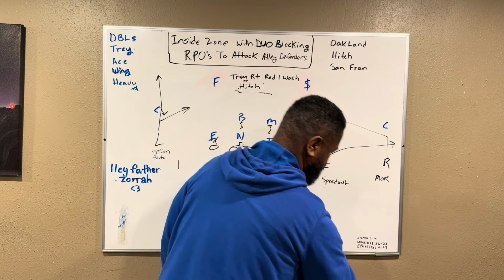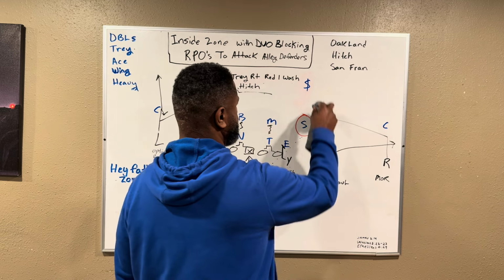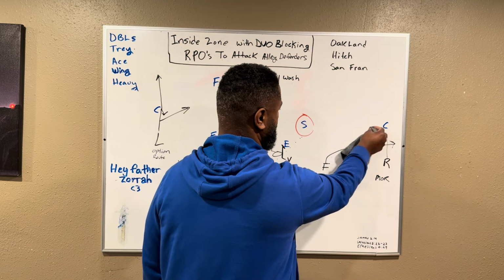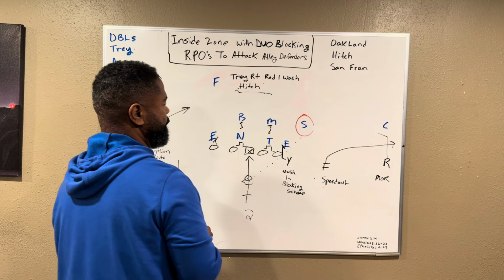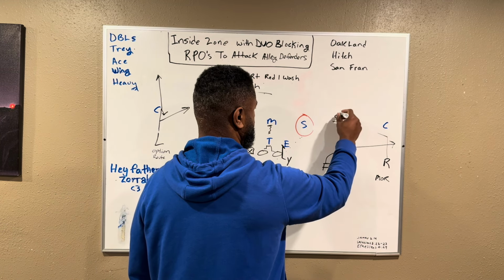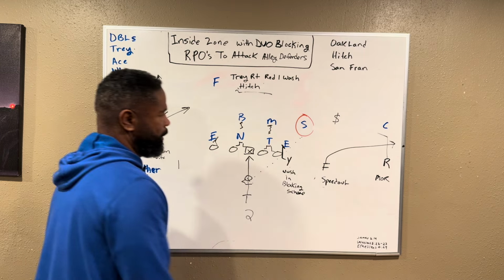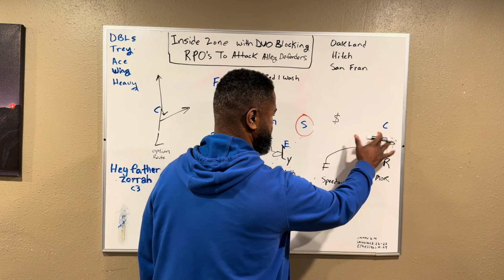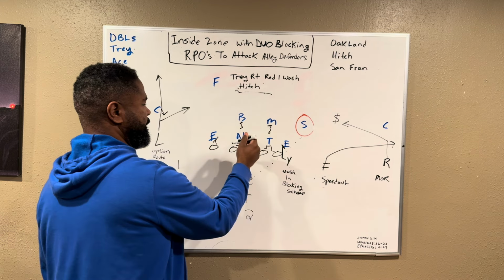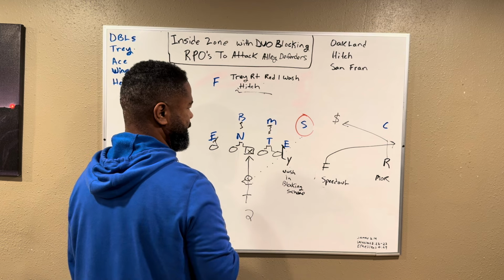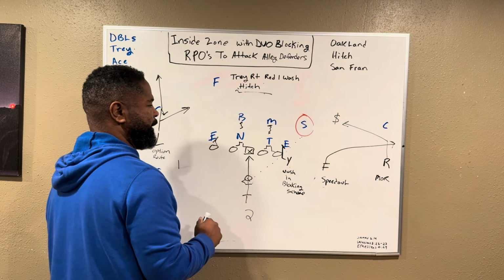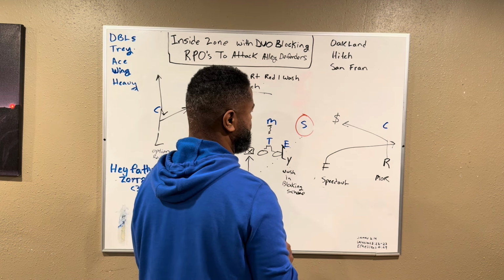Okay, so let's say, just for the sake of argument, that they roll down. If they roll down and put the safety over here, same concepts. So we've got a slant that can come here. He would likely be more aggressively in the box with him being responsible for the flat. Totally fine. So now we're picking on whoever is the flat defender.